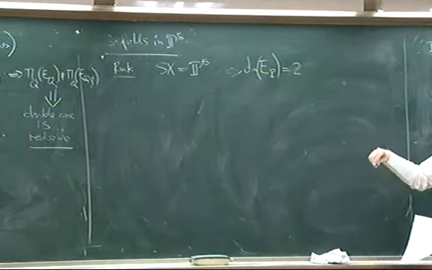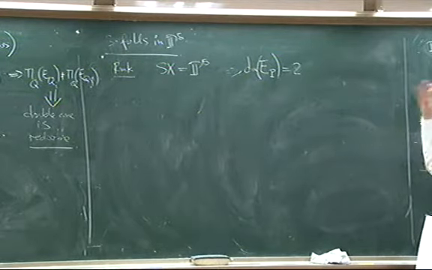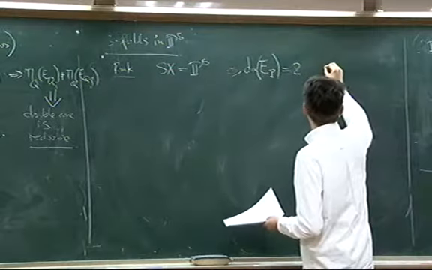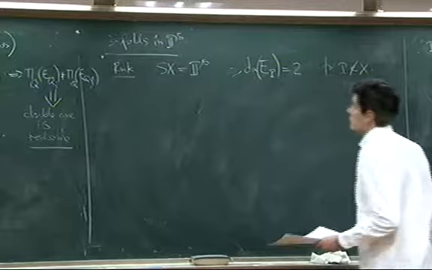Because the family of secant lines is of dimension 6 plus 1, 7, minus 5, 2. This is for P not in X. Okay.